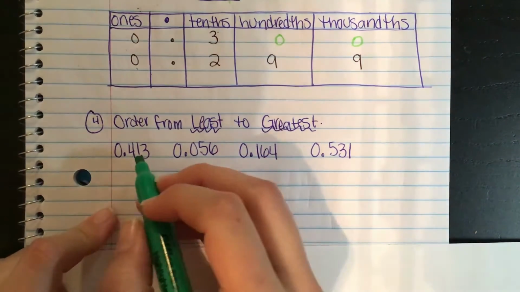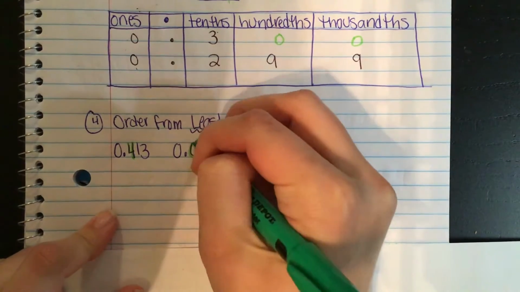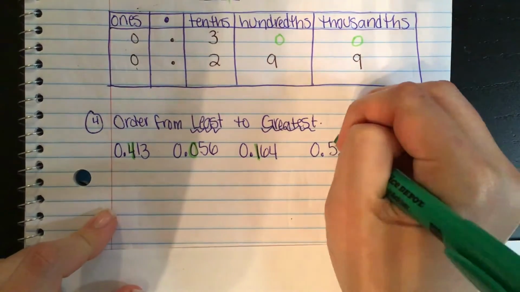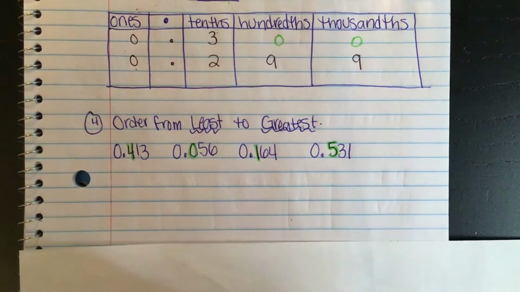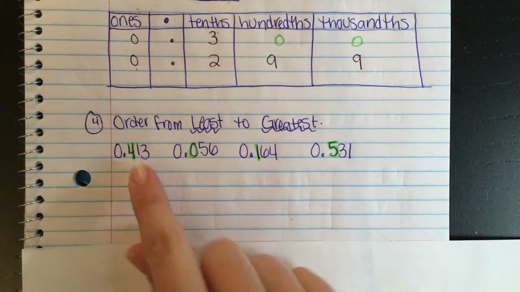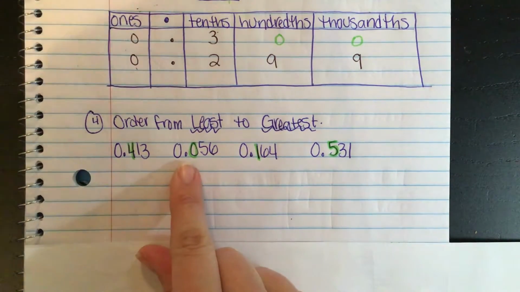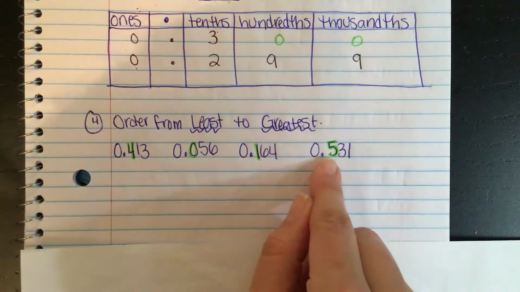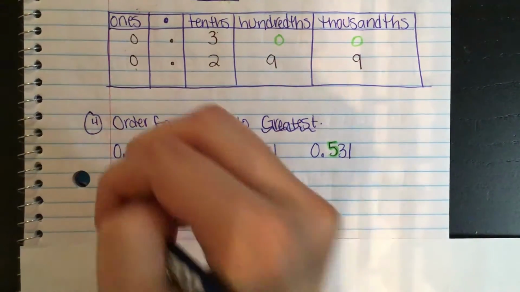So I'm looking for the tenths place first. Since none of them have a whole number in front, they all start with 0 point. Which one has the smallest value in the tenths? Is 4 the smallest, 0 the smallest, 1 the smallest, or 5 the smallest? All right, well, hopefully you said 0 is the smallest.